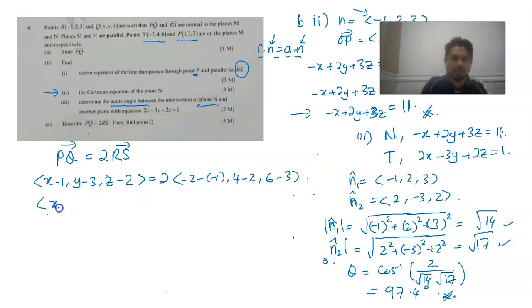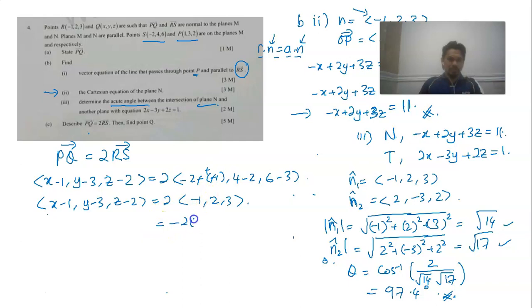So x minus 1, y minus 3, and z minus 2 equals 2 times (-2 plus 1, 4 minus 2, 6 minus 3), negative minus negative becoming positive. So that is -2i plus 4j plus 6k.